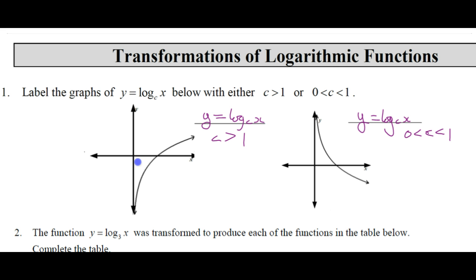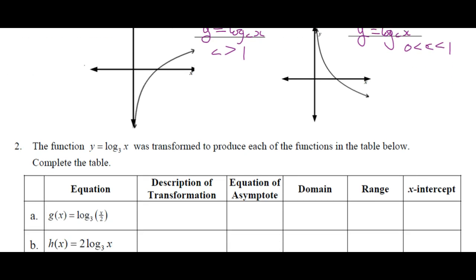I expect you to be able to do a reasonable sketch of one, because if you know the base c, then if that base is 5, you know that when x is 5, y is 1, and so on. So you can actually find some points on a log graph.